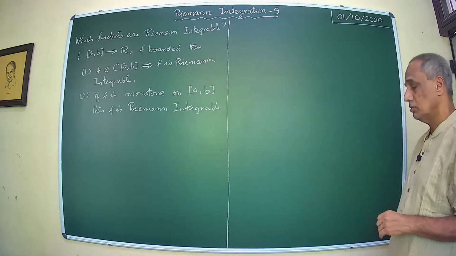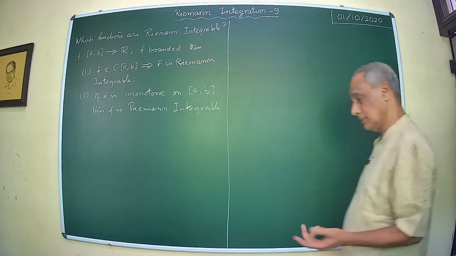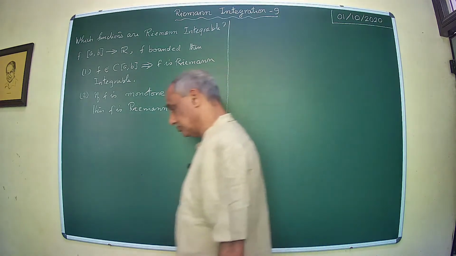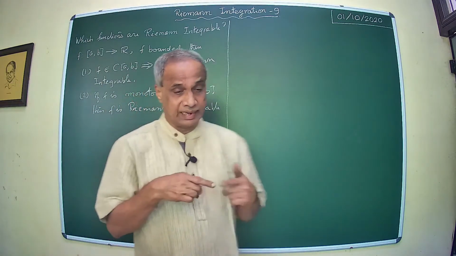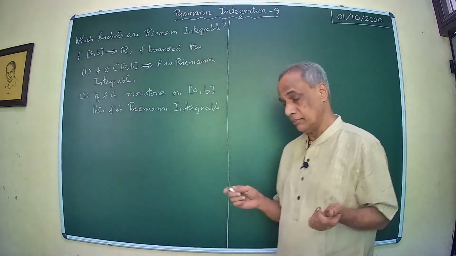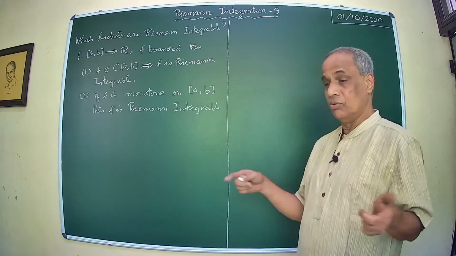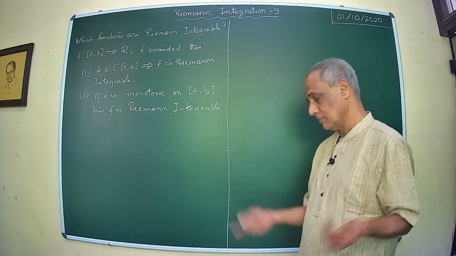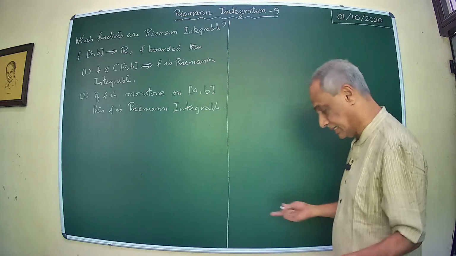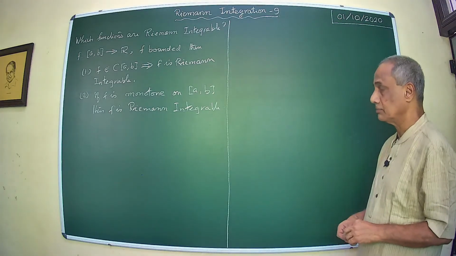Now we have already seen certain examples where, if the function has a finite number of discontinuities, one can prove that it is Riemann integrable by going back to the roots, that is, using the basic definition of Riemann integration.